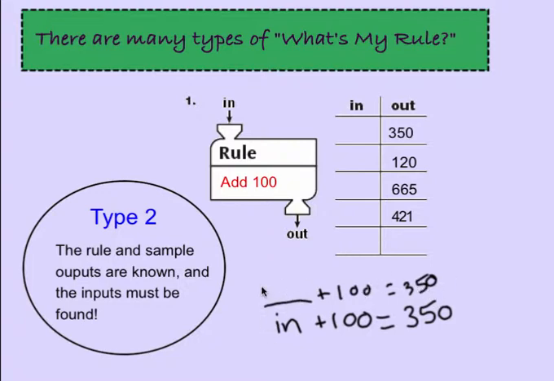I know that 250 plus 100 will get me to 350. So I'm doing addition in my head. I could also do this backwards though. I could do 350 minus 100 is 250. So if you have an output, sometimes you can do the opposite of the rule to get the in, but then always check your work. So these you kind of have to think backwards a little bit.